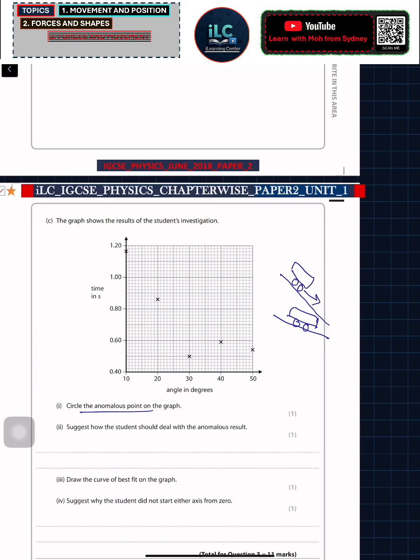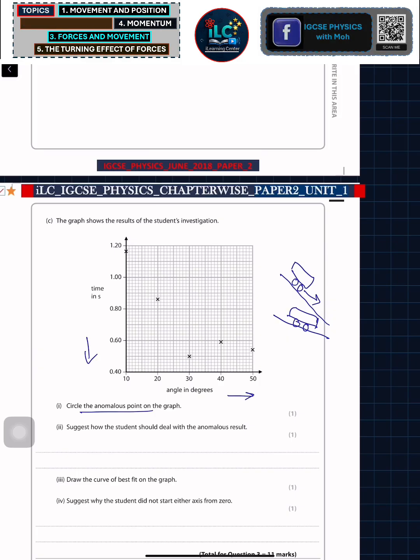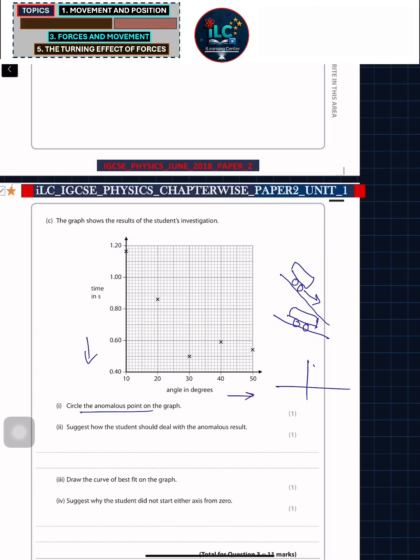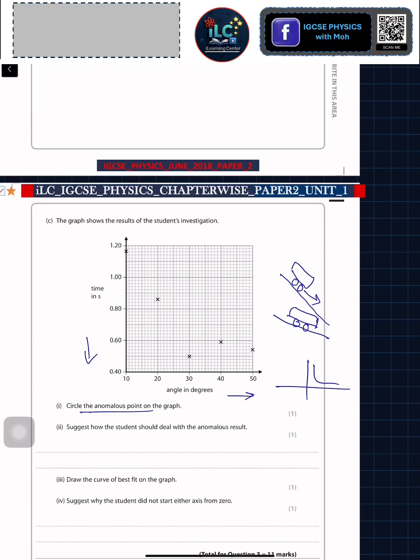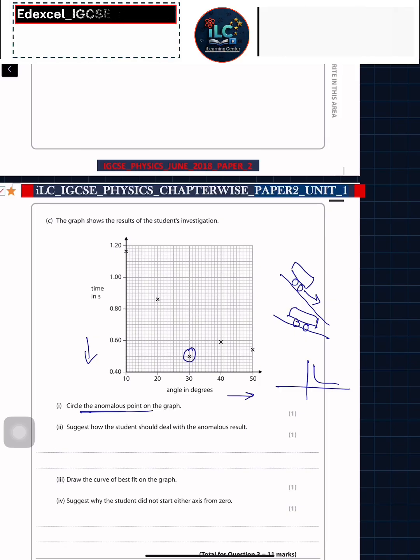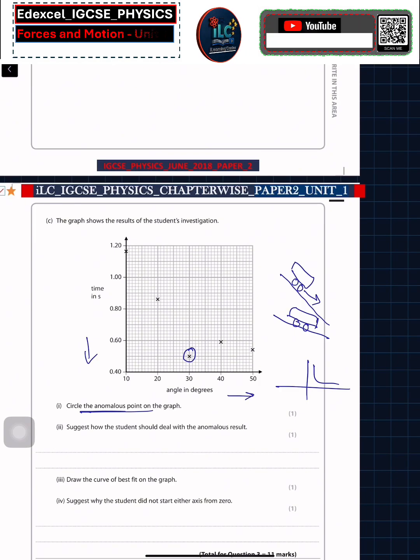Okay, so as the angle increases, your time should decrease, which is an inverse graph. We know that inverse graph looks like this. Okay, so they'll ask you for the anomalous result. Just looking at it, I can say this is an anomalous result because we have a pattern the other way.